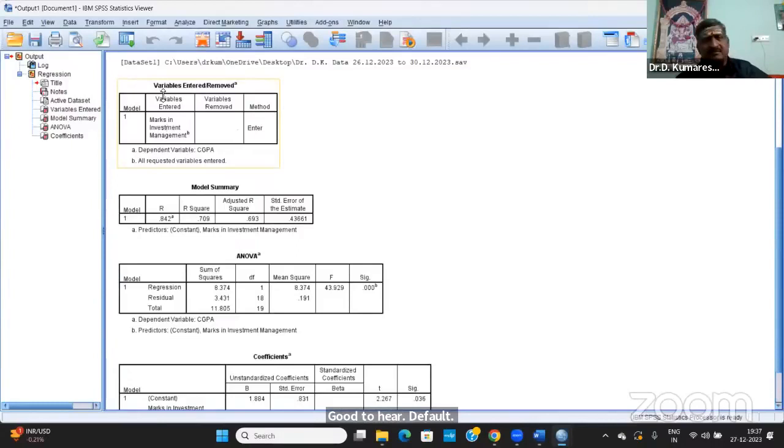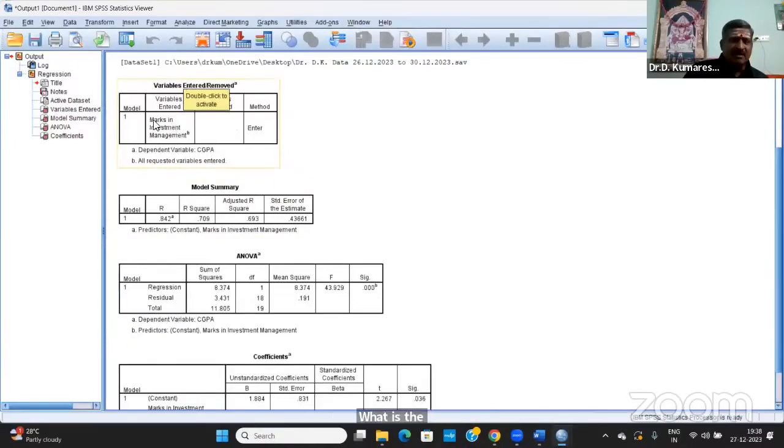So look at the bottom of the table. It is clearly given that the dependent variable is CGPA. All requested variables entered. What is the variable entered?